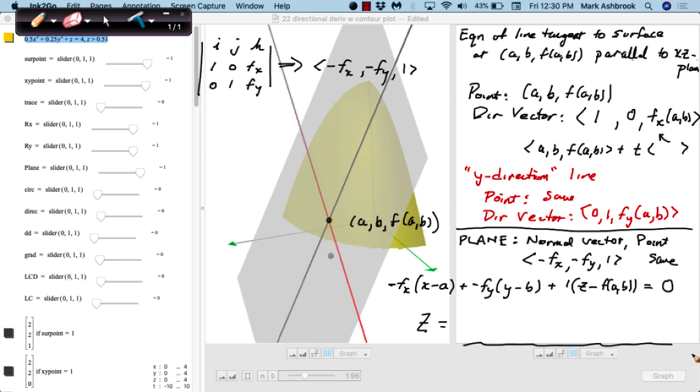Figure it out? So Astrid, what'd you get? Did you change it around and solve for z? You weren't able to? You didn't do the algebra? Trinity, tell me. I got z equals f_x times (x minus a), plus f_y times (y minus b), plus f of a, b.